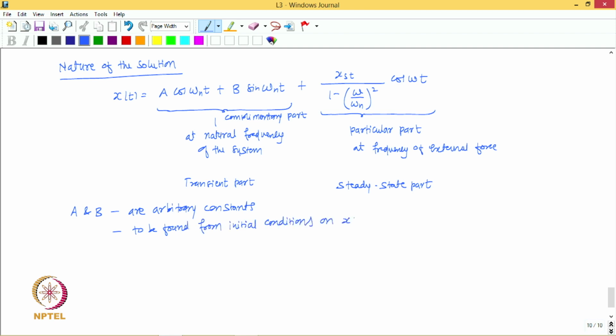on x. So, we need to impose the initial condition on the complete solution x and find A and B from there. If at t equal to 0, the displacement x of t is equal to x naught and the velocity x dot t is equal to v naught, then we can find A and B, and if we substitute into the solution, the final equation would look something like this.